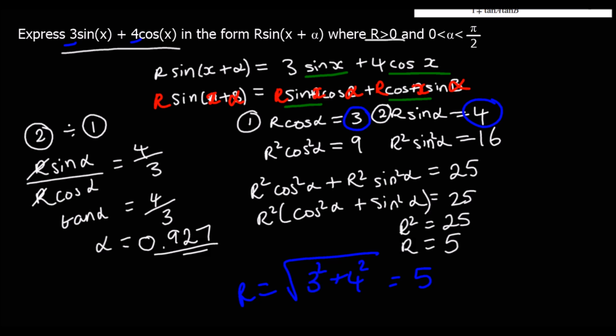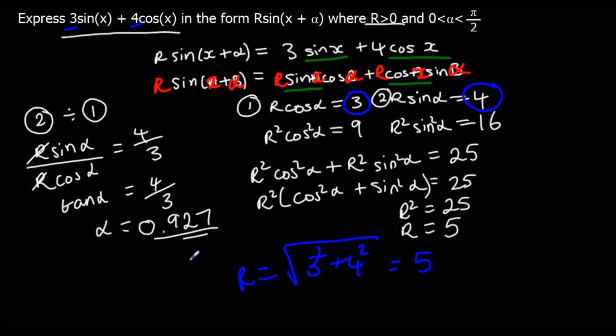So we have finished. We know what r is, 5, we know what alpha is, so 3 sin x plus 4 cos x can be written as 5 sin(x plus 0.927).